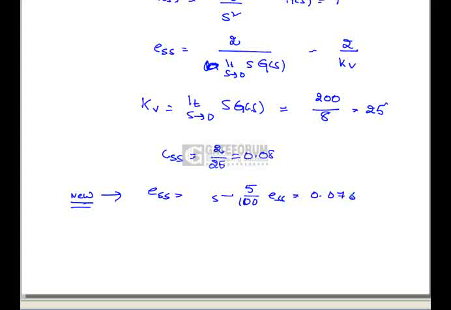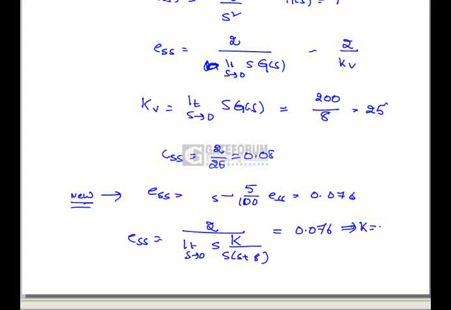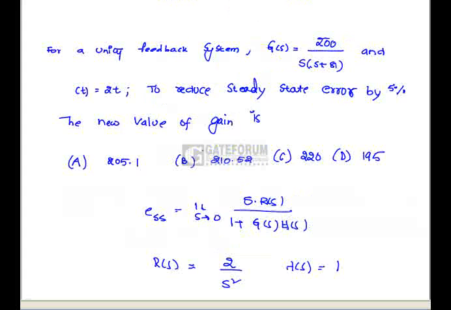So now the new steady state error is given as 2 by limit S tends to 0 of K by S into S plus 8, which is equal to 0.076. If we solve this equation, we will get K as 210.52, which is option B. So option B is correct.